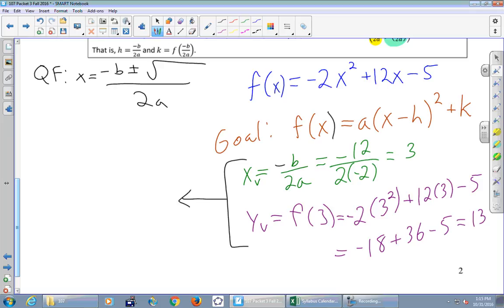Okay, so putting these two things together, we just identified our vertex. X is 3, y is 13. 3 comma 13. Okay.